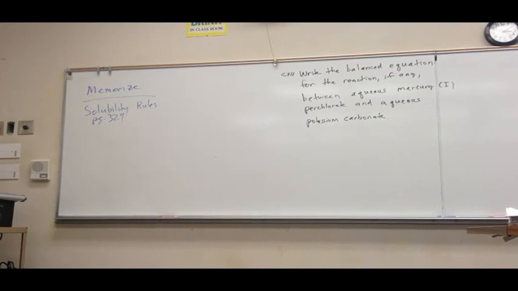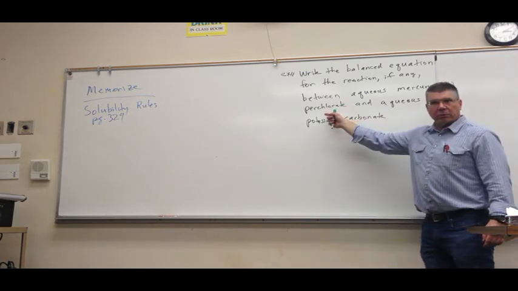The second rule, nitrates, acetates, and perchlorates, is talking about anions, and they're soluble. So because that's the second rule, no matter what the cation is, those three anions will make a soluble compound, which is this one right here, mercury 1 perchlorate.